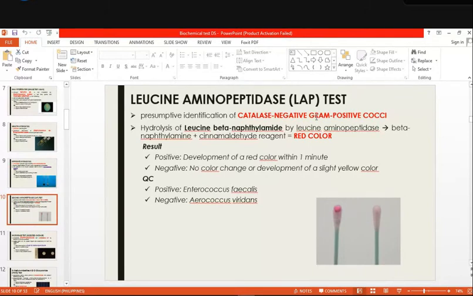If you take a look at this slide, sabi dyan dapat again is the development of a red color within 1 minute. Again, the incubation time there is very important, as with all the other enzyme tests. So dito ngayon, negative result natin, of course, there will be no color change or pwede rin siyang slight yellow color.